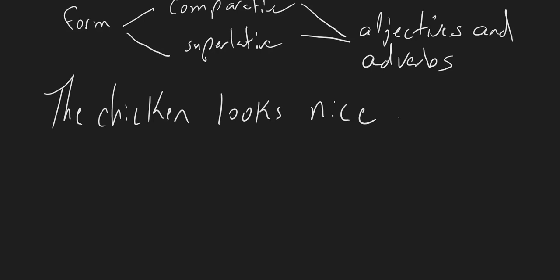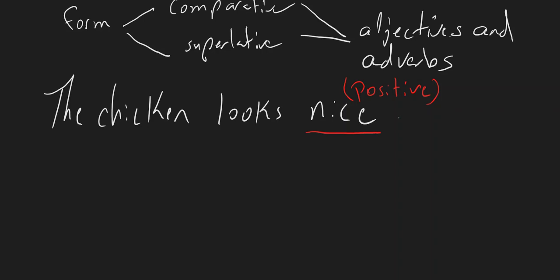The adjective in this sentence is nice. Since we're not comparing the chicken with anything else, we call this a positive form of the adjective. So this is the positive form of the adjective since you're not comparing it with anything else.